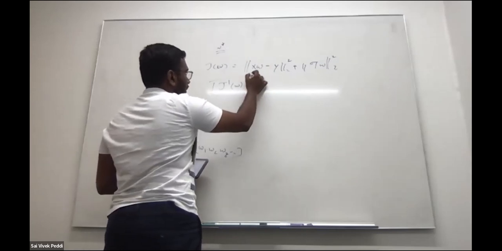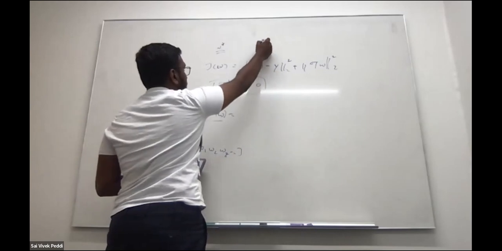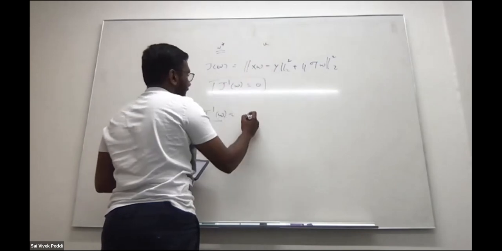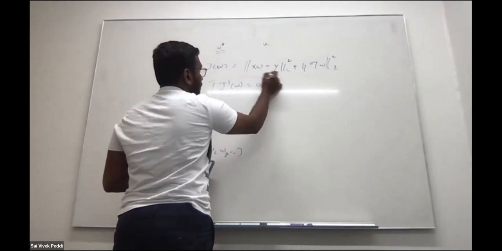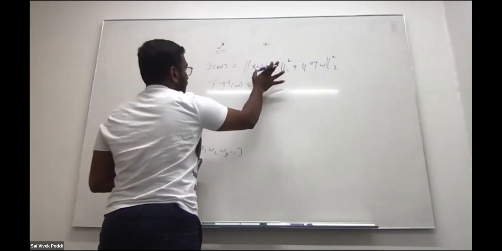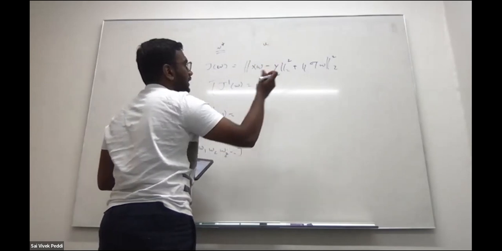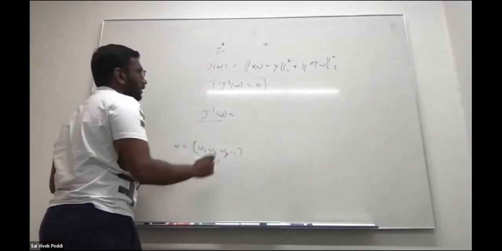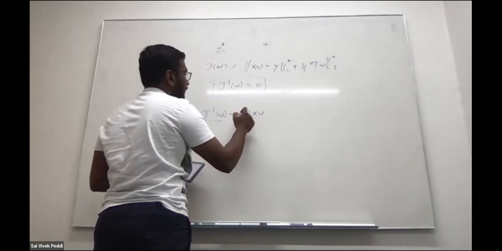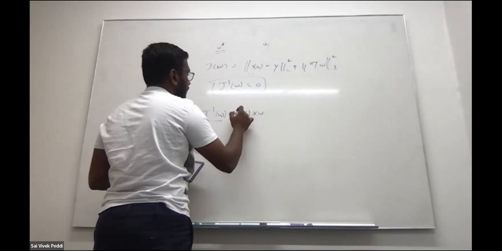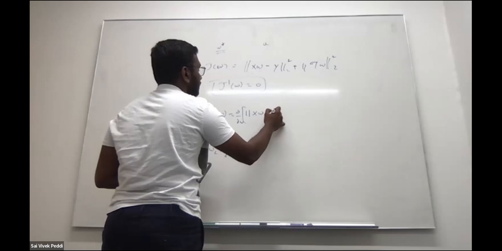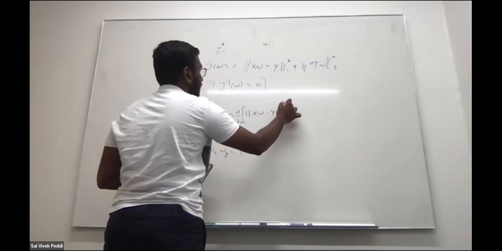If you assume this whole thing as a value, something like u, instead of trying to figure out everything at once, let's first compute the derivative of this, and then let's compute the derivative of this. That is nothing but dou by dou w of (xw minus y) whole square, right?